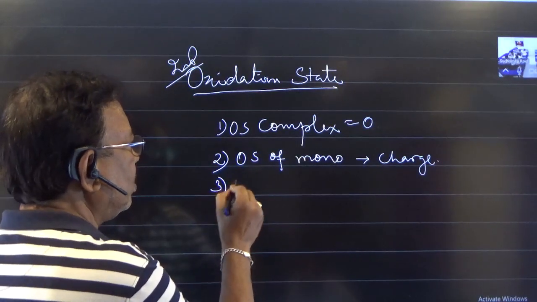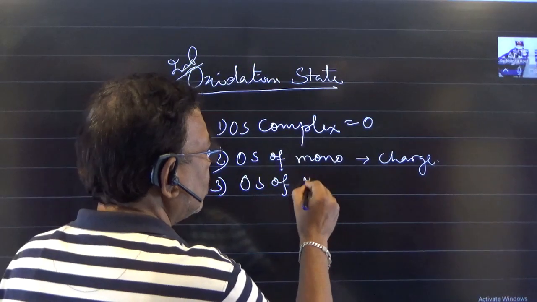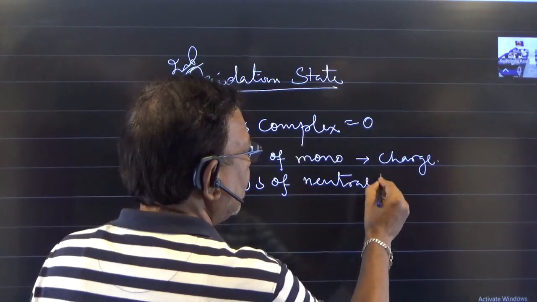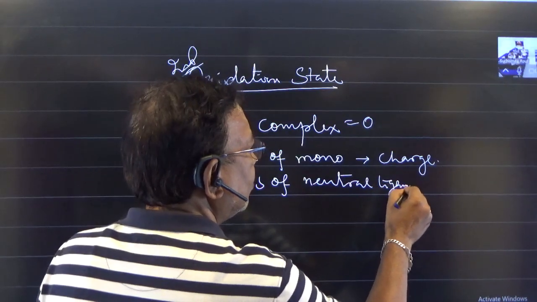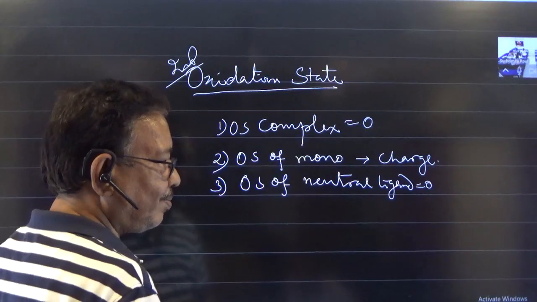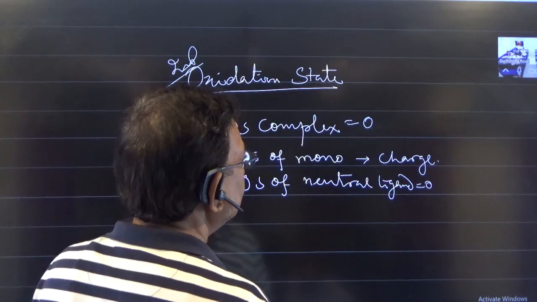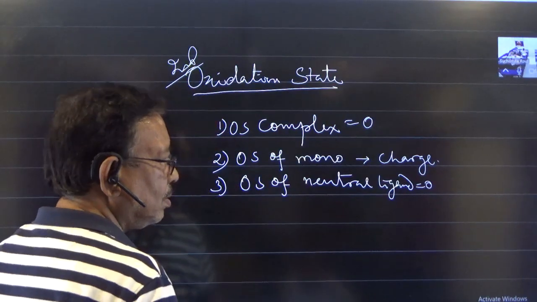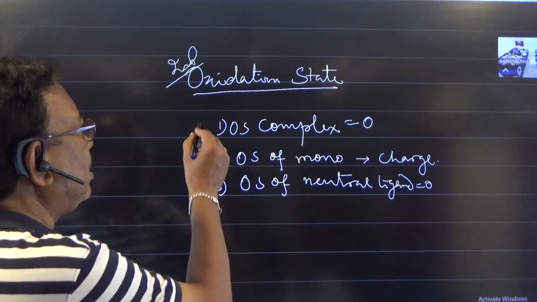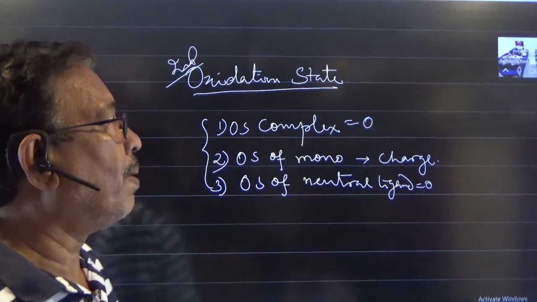Number 3, the oxidation state of a neutral ligand is also 0. Keeping these 3 points in mind, we can find the oxidation number.